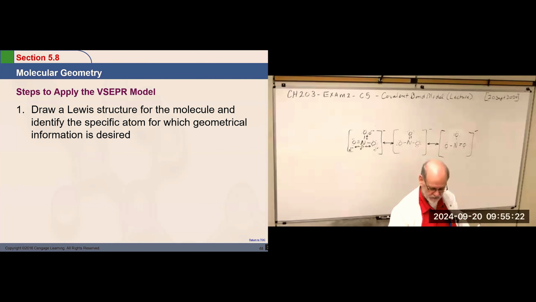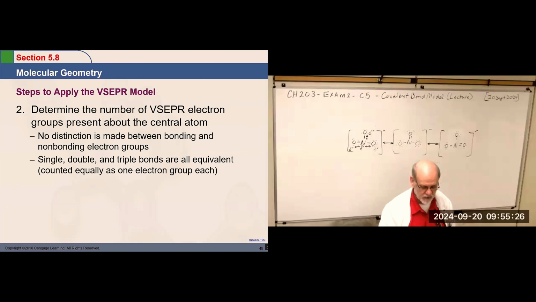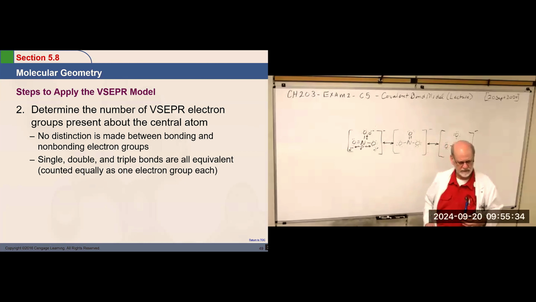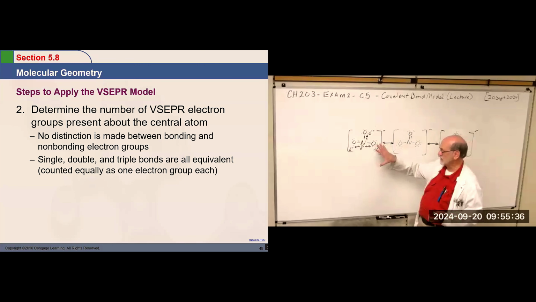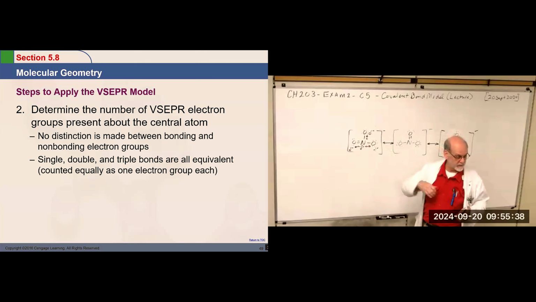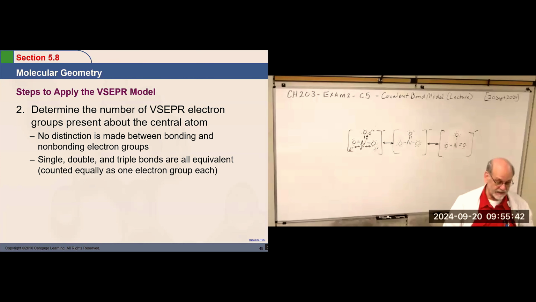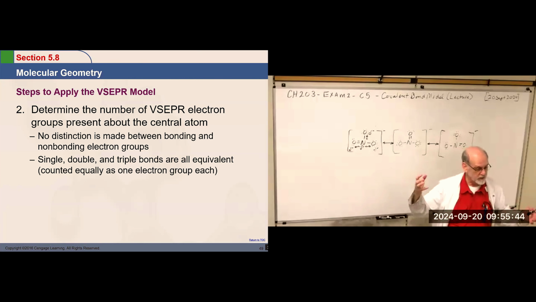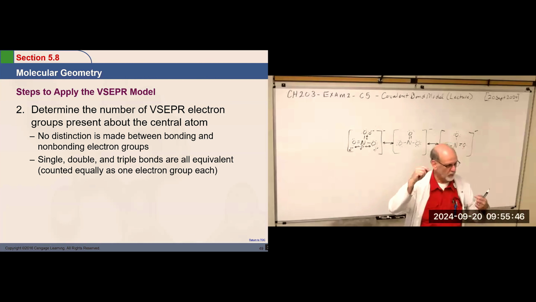So we draw the Lewis dot structure, and then we determine the number of electron groups present around the central atom. We're going to start off with real simple molecules like this, where there's only one central atom, keeping in mind that large molecules will have several points of symmetry.